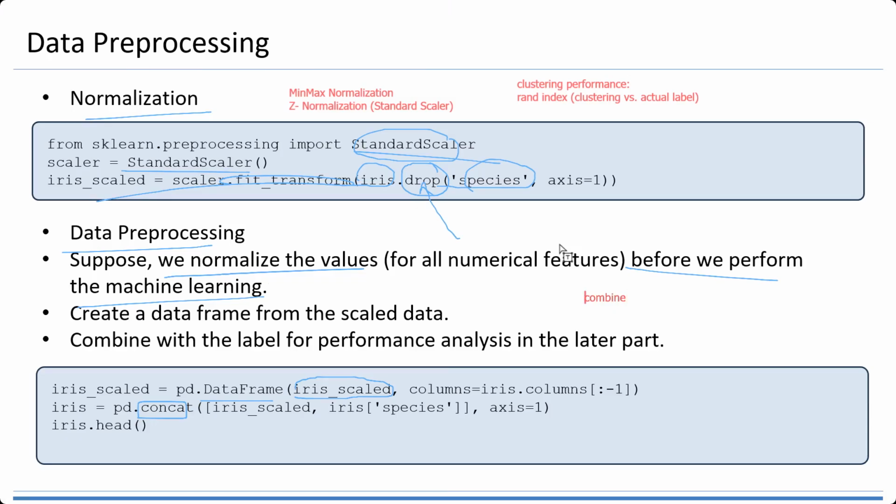Concat is from the concatenation. It is to combine the scaling data with the species data. So I put again the label because I need to calculate the RAND index later.